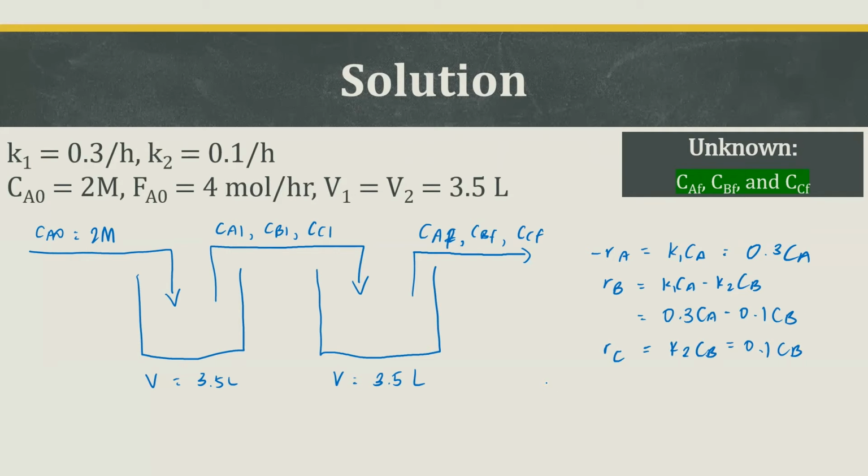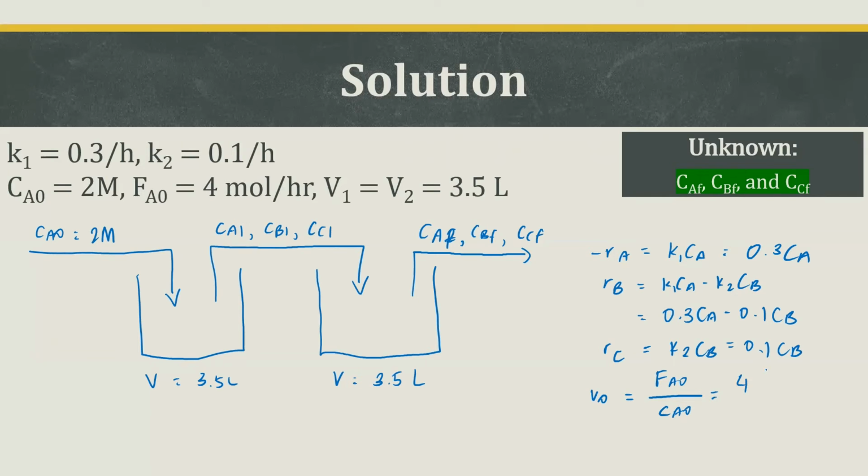Now we use the molar feed rate and the concentration to get the volumetric flow rate. That's simply v0 equal to FA0 over CA0.